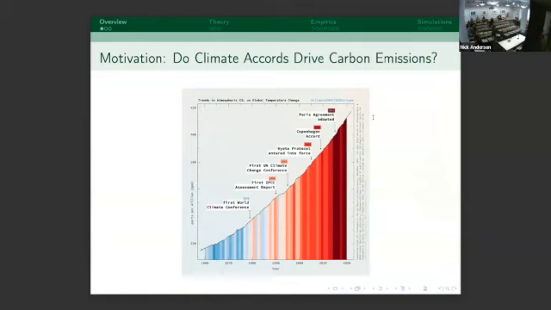He wondered whether maybe our climate accords are driving carbon emissions, and this is evidence of anthropogenic climate change, because every time you have a climate conference, emissions increase. So then, what is the problem then?